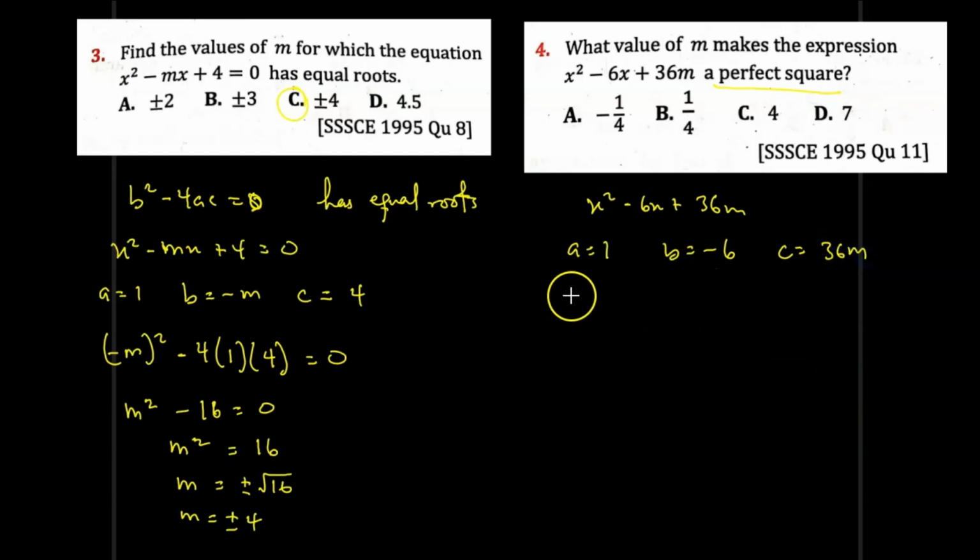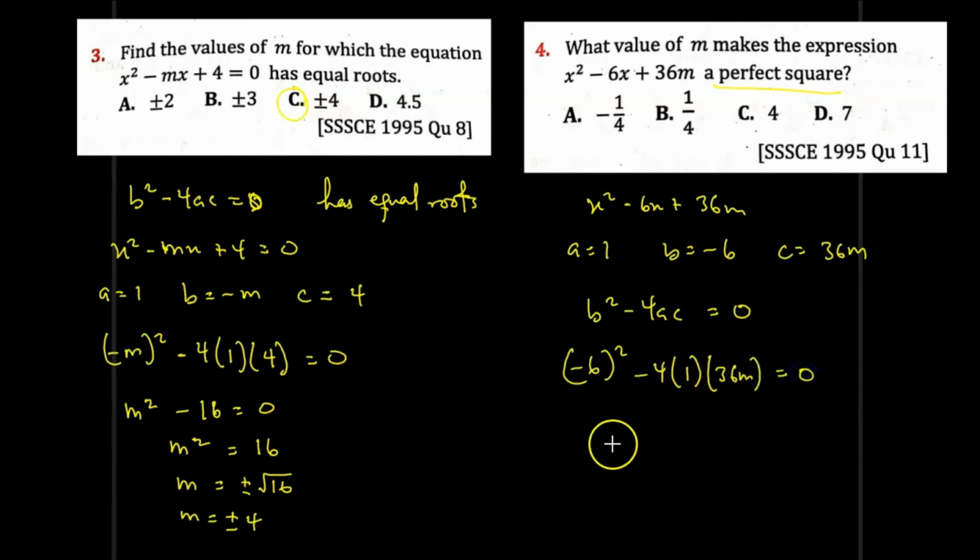And from here, with our discriminant being known as b squared minus 4ac equal to 0, because it's supposed to be a perfect square, substituting our a, b, and c, we are going to have minus 6 all squared, then minus 4 times the a value 1 times the c value, which is 36m, and this must be equal to 0.